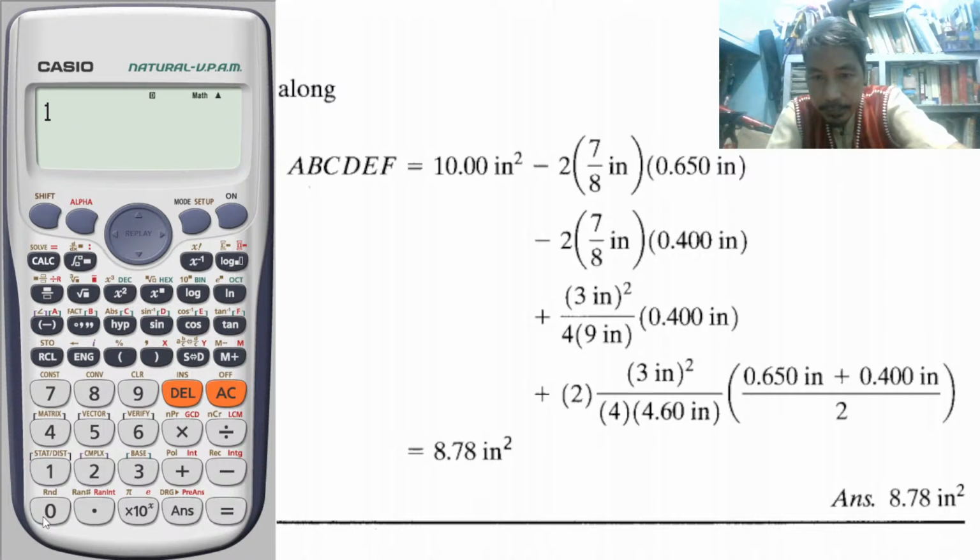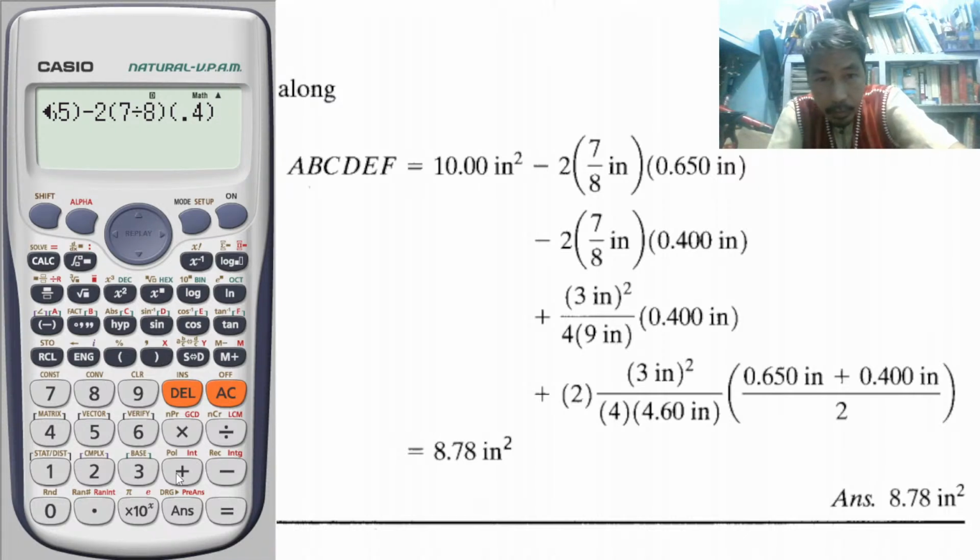This is 10 square inch minus 2 holes, 7/8, thickness is 0.65. That is the holes from the top and bottom flanges, minus another 2 holes from the web, which have the same hole diameter but different thickness.